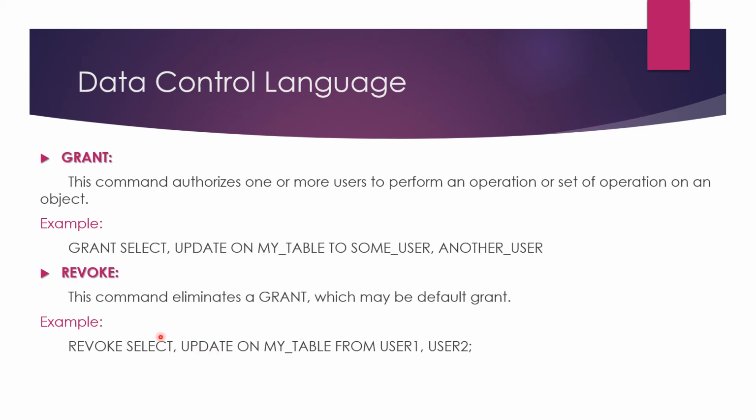So by using the grant query, the administrator has given permission to some user and another user to use the select and update query, and by using the revoke query, the administrator denied user 1 and user 2 the use of the select and update query on my table.